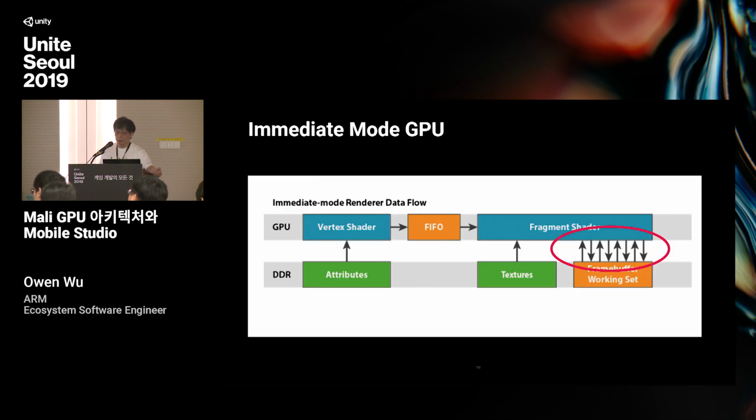This picture shows the traditional immediate rendering mode pipeline, and you can see there are a lot of external memory accesses at the fragment stage. For a mobile device, this kind of external memory access is quite bad for energy efficiency.